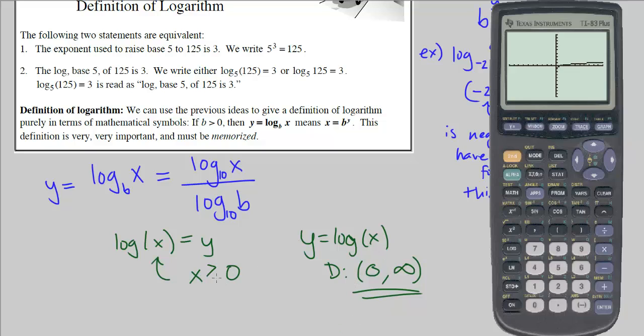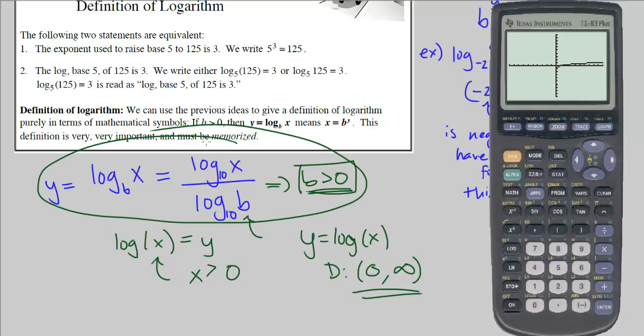So this is the domain, and we know this has to be true. So log base 10 of b cannot be anything less than or equal to 0, so b has to be greater than 0. This shows us b has to be greater than 0. So this would be a mathematical way to explain it.